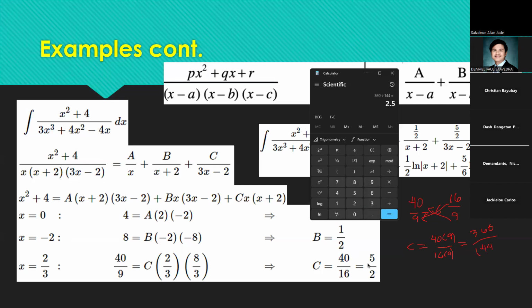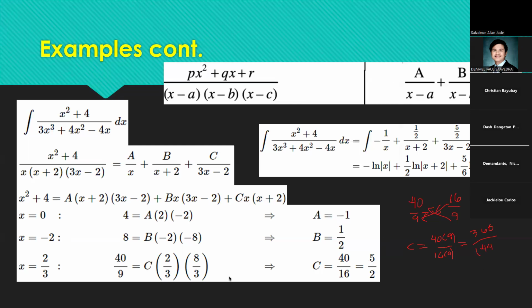So let's see if it's the same. Yeah, 5 over 2. 5 over 2 is 2.5. So this one is correct.